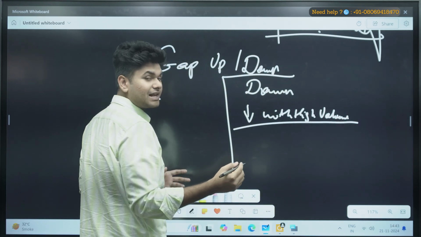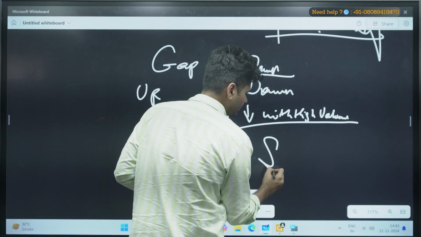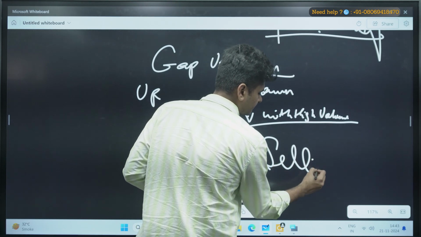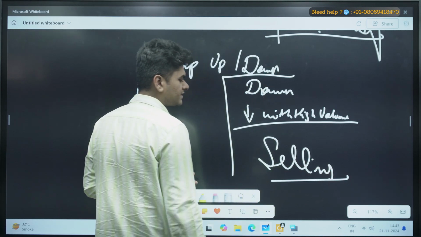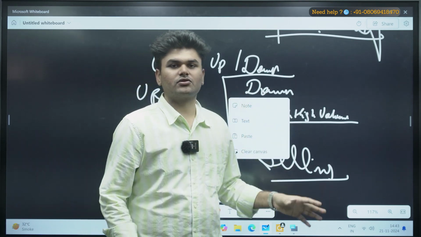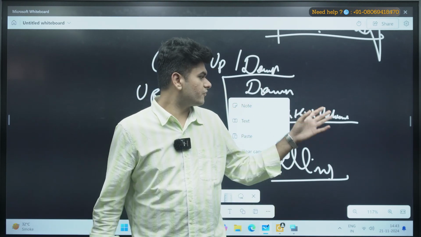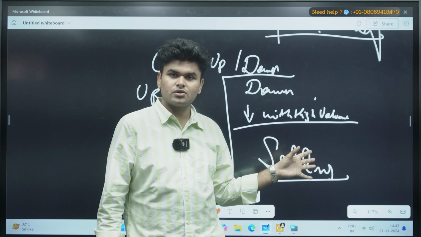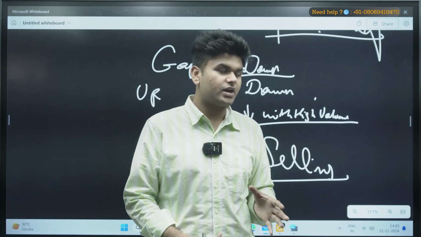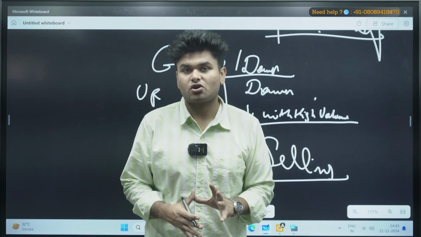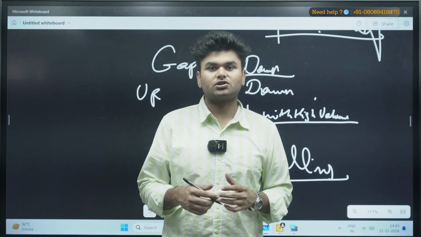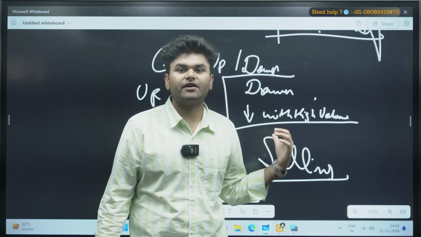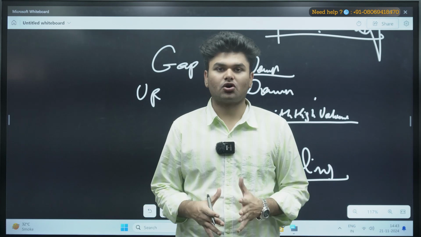That the selling pressure is heavy. So you're seeing heavy selling happening in the particular stock or the index.